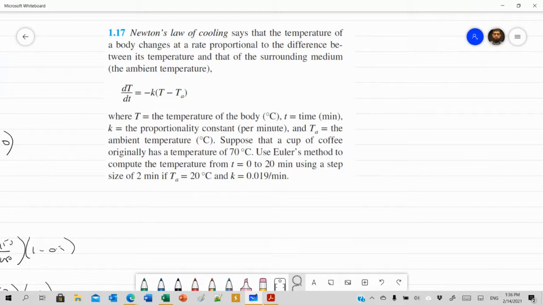The ambient temperature is 20 degrees Celsius. k is 0.019 per minute. We want from 0 to 20 minutes using a step of 2 minutes. We want to see after 20 minutes what's the temperature of the cup of coffee.